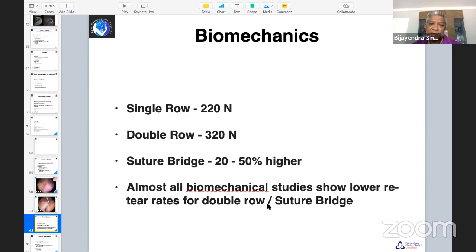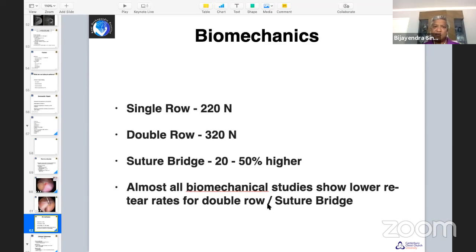Now, question is why should one be using a single row or a double row? It's basically the strength of the repair. The single row provides about 220 newtons of pull-out strength. The double row increases that by about 50%, and the suture bridge, wherein you crisscross the stitches, provides a higher pull-out strength.